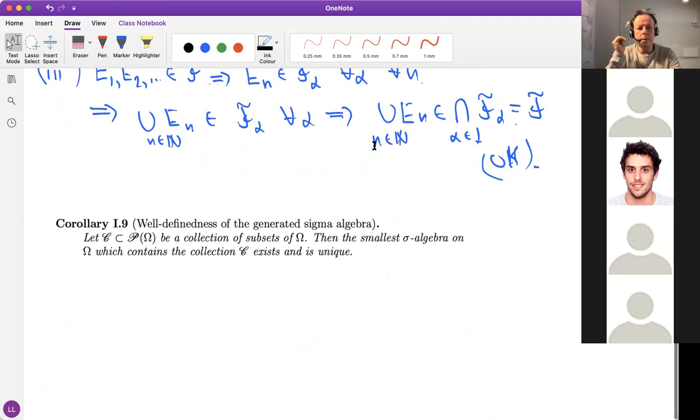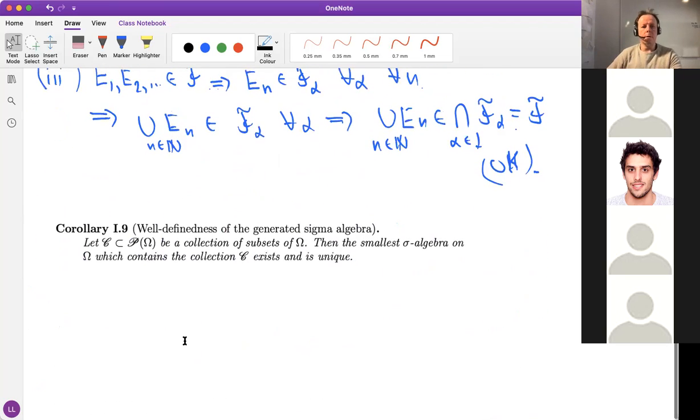And let's do it here. That's what's called Corollary 1.9 in the lecture notes. What does it say? It says that if we take any collection C of subsets of omega, then there exists a smallest sigma algebra containing C, and it is unique. Let's look at the proof of this.